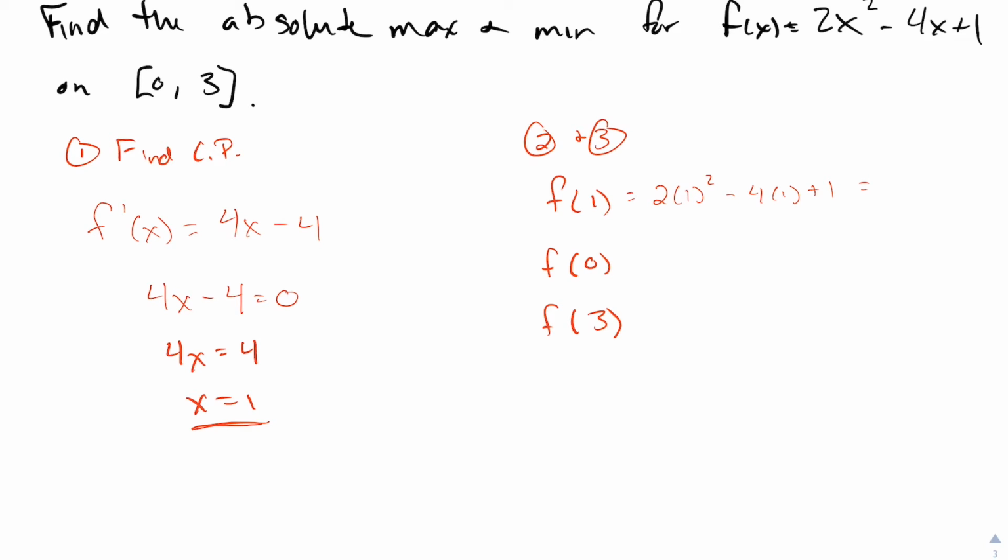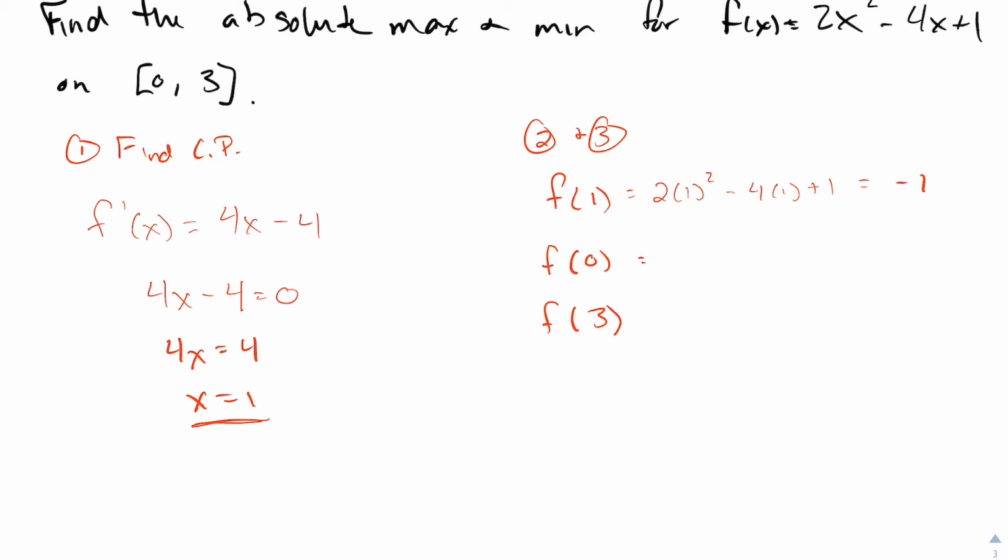If I simplify that, I'll get negative 1. If I plug in 0, I get 0 minus 0 plus 1. I'll get 1. And if I plug in 3, 2 times 3 squared minus 4 times 3 plus 1. If I simplify that, I will get 7.